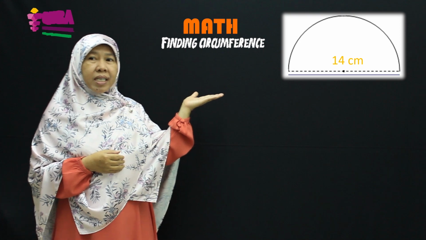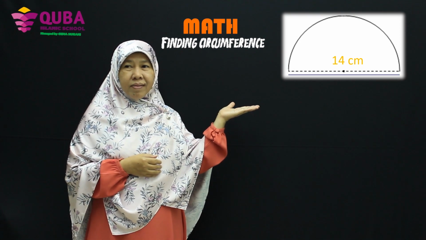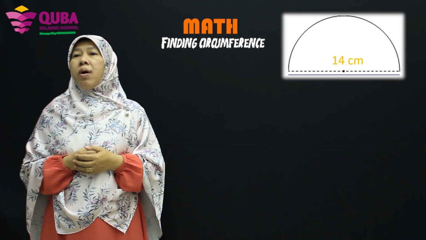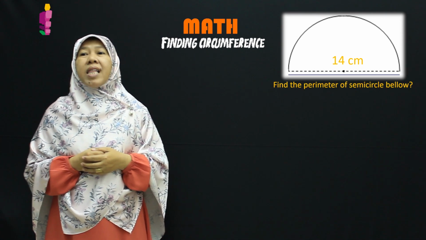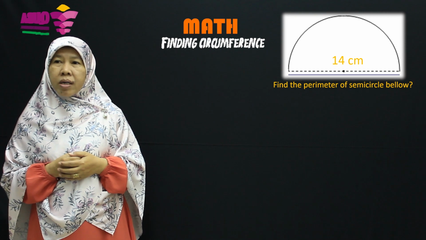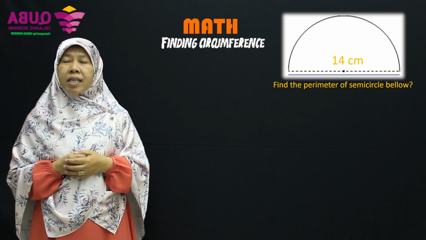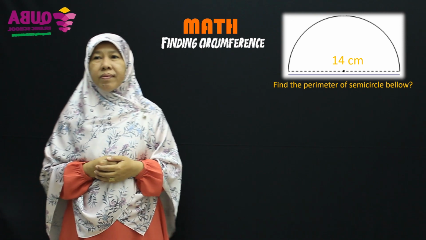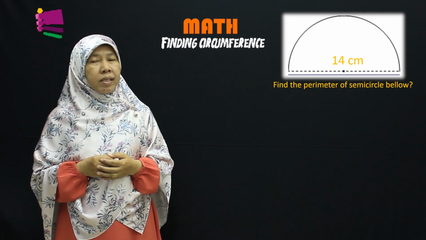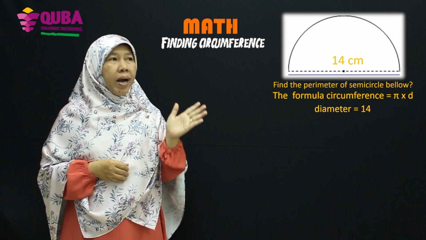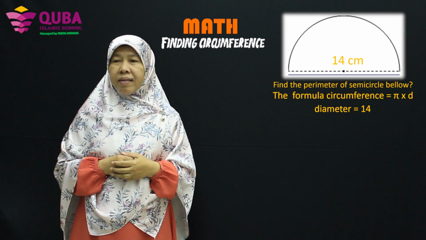How about this one? The picture is a half of a circle. I ask you, find the perimeter of the circle below. The perimeter of a circle is also known as the circumference of the circle. So, the formula of circumference equals pi times d.